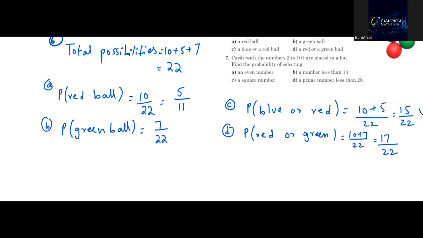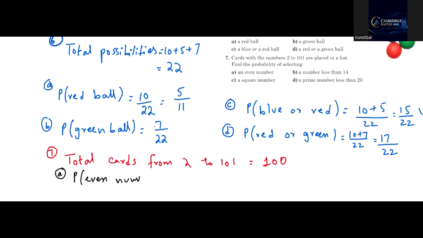So we are going on with part number 7. First of all, how many total cards are there? From 2 to 101, the total is 100. In part A, they ask for the probability of an even number.